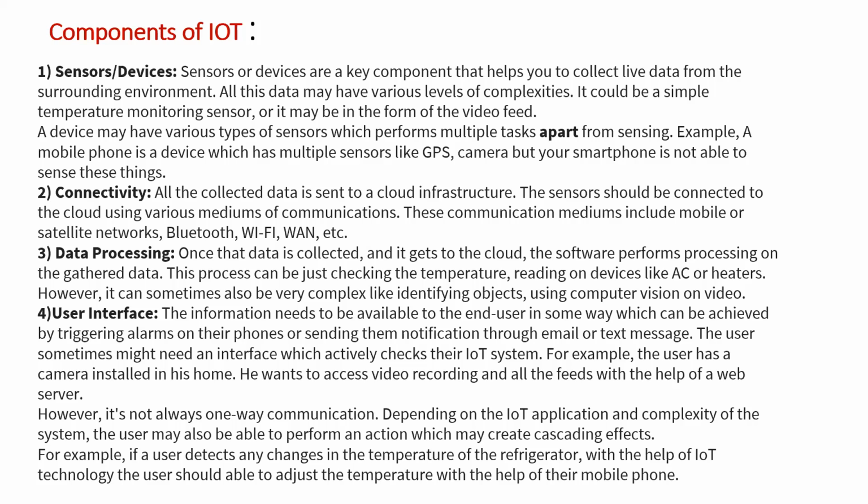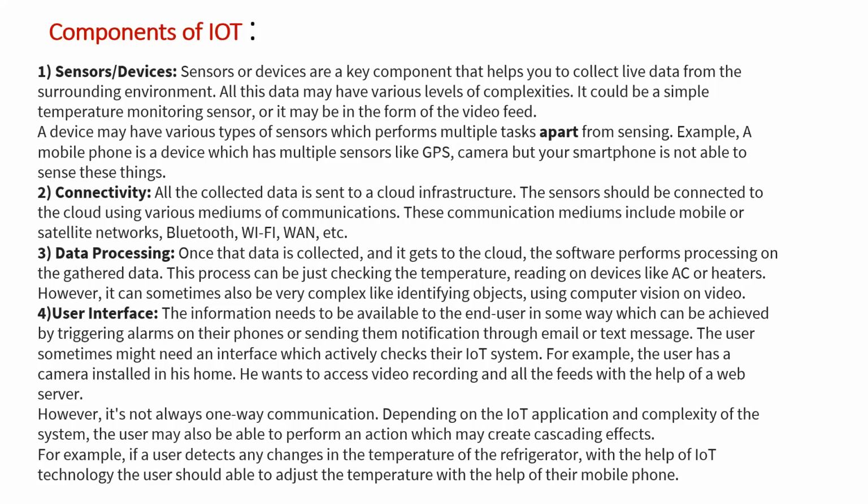Okay, now coming to the third point, data processing. So once data is collected, it is stored in a cloud, and the software which performs processing on this gathered data is called data processing software.